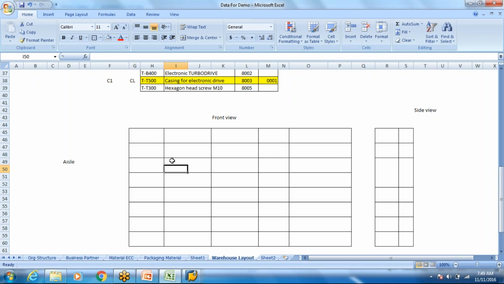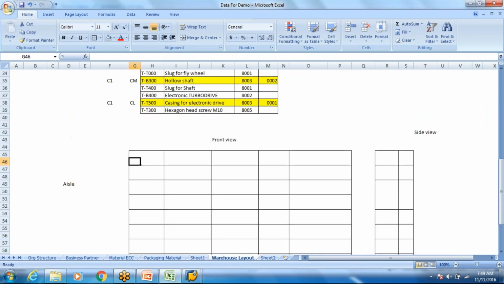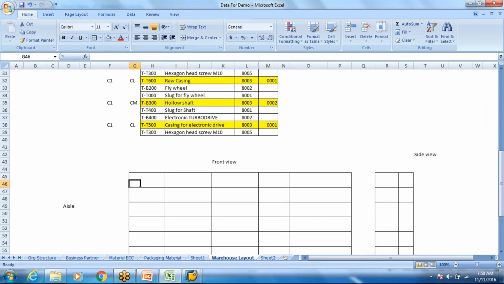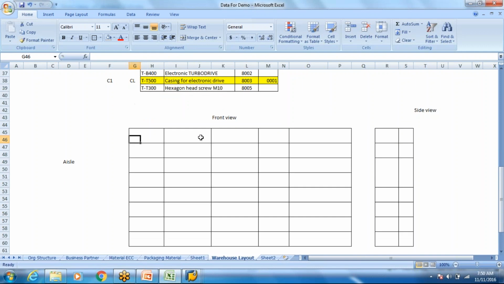Then what we say here is, 8006 is pallet. Whenever the product comes in Euro pallet in this racking, how many Euro pallets will I store?